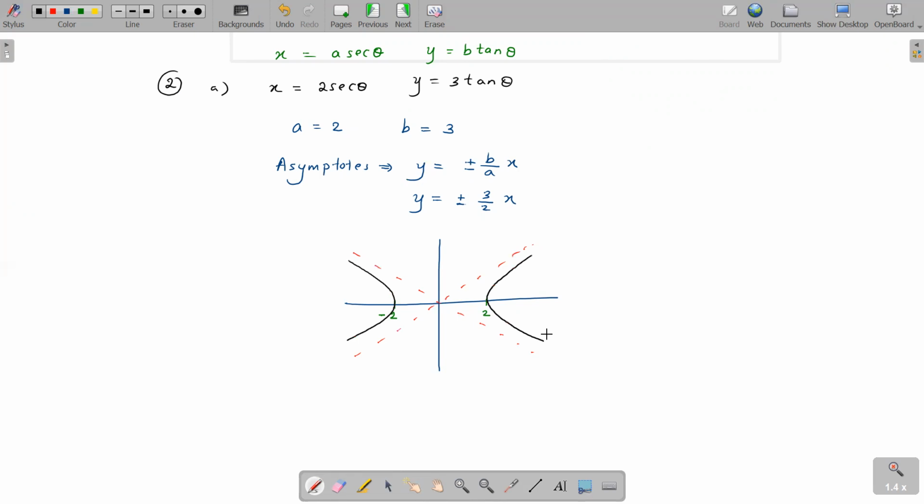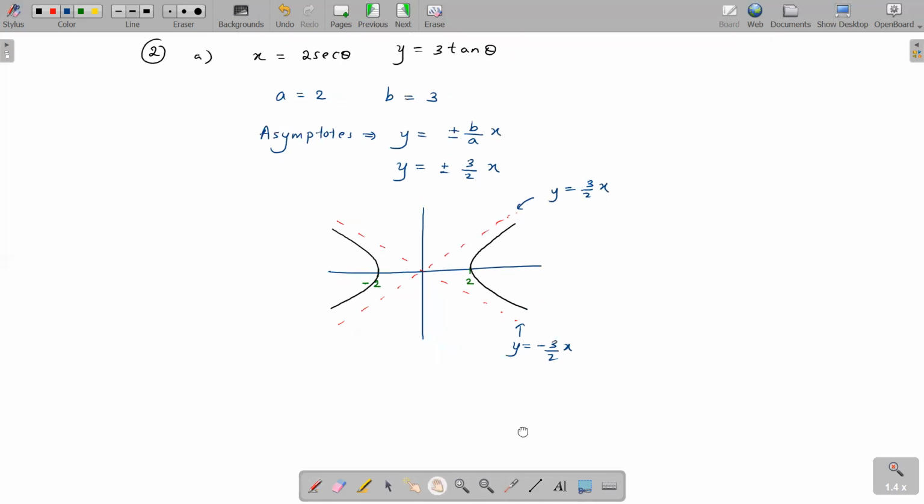Okay. And so this is the equation y equals plus 3 over 2 x. And this one is y equals minus 3 over 2 x. Okay, so these are the equations. This is the sketch of the hyperbola.